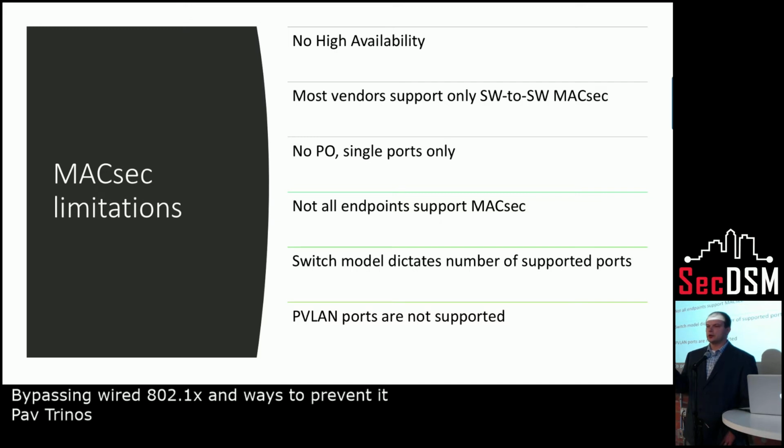You have certain switches with 48 ports, but only the first 16 will support MACsec. You look at Juniper, only very specific models will support it, but not others. So looking at what vendors do in preparation for MACsec delivery will help a lot. Private VLANs, it will not support that. You've got to get rid of that.